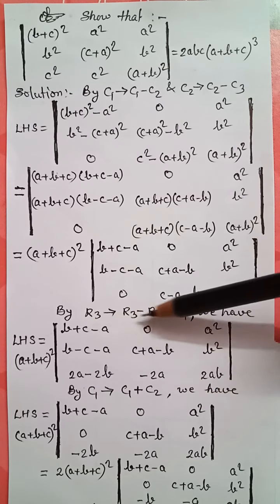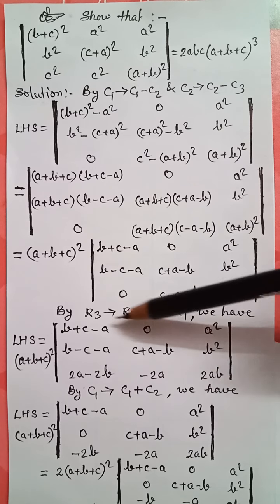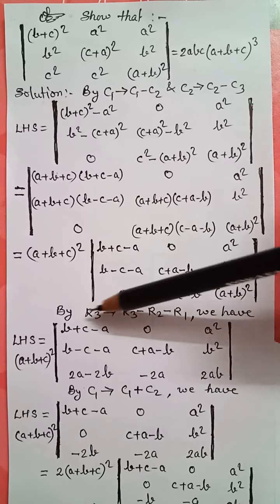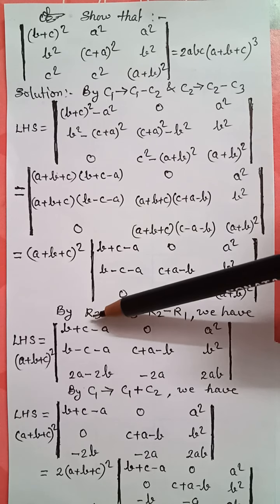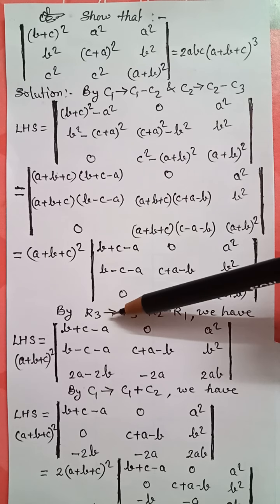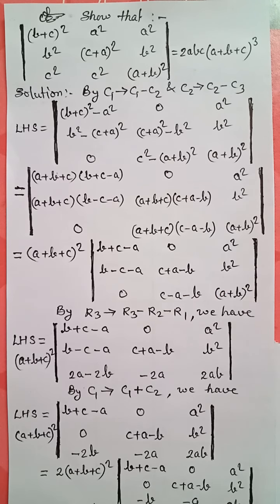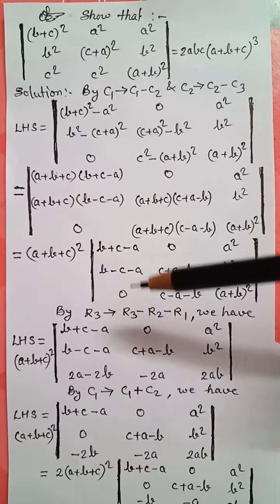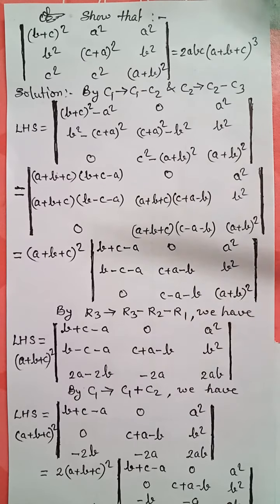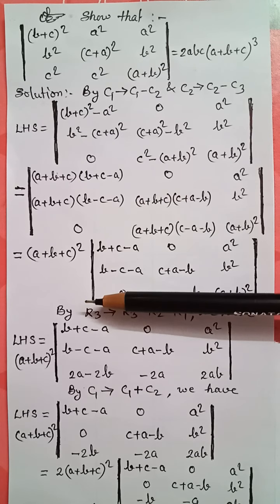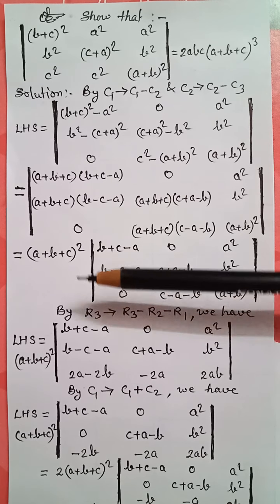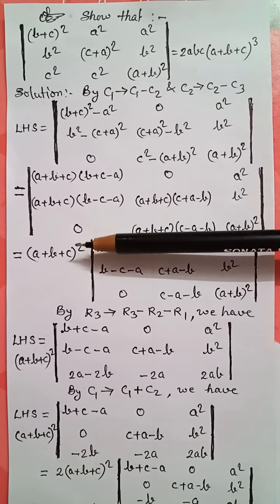Now applying this operation, R3 goes to R3 minus R2 minus R1. This will simplify this determinant in some way. Now this is your R3. R3 is changing by R3 minus R2 minus R1.